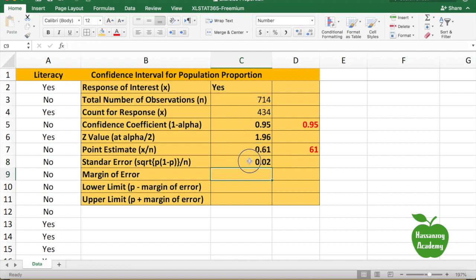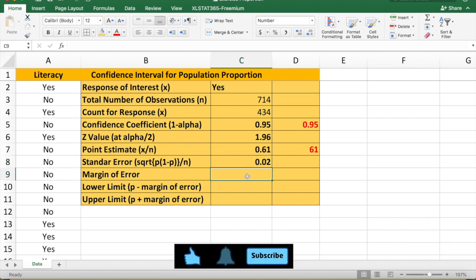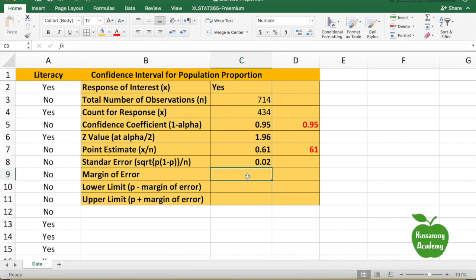So 0.02 is the standard error of the sampling distribution of sample proportion. Sixth, we estimate margin of error as product of the confidence coefficient or the value of Z at alpha divided by 2 and standard error. So we type equal to the value of standard normal variate multiplied by the standard error. This value is now the margin of error.